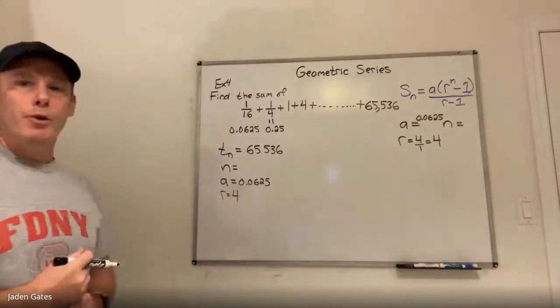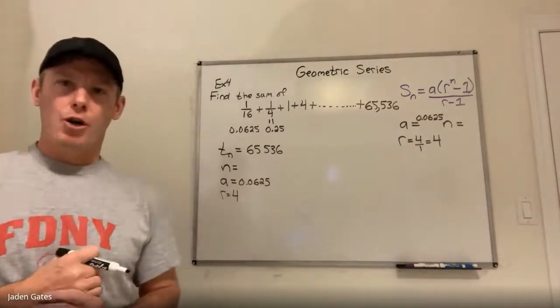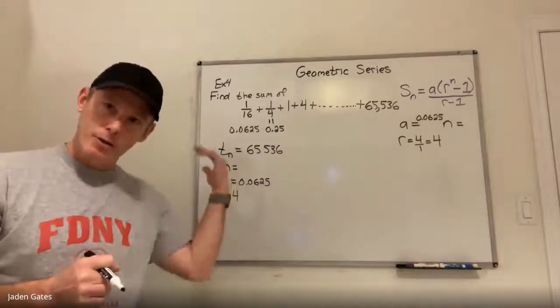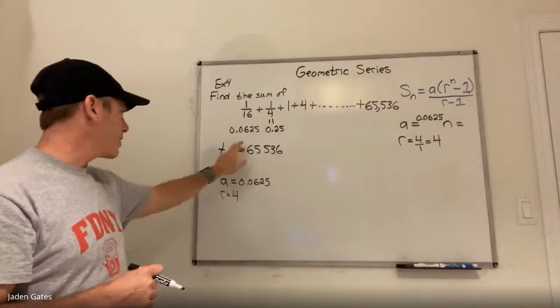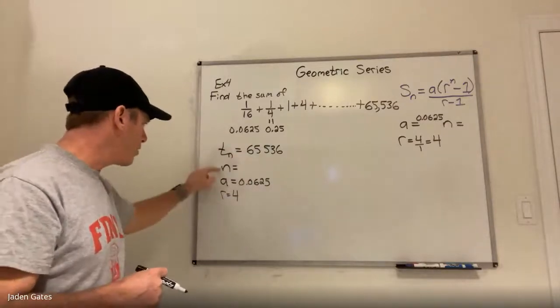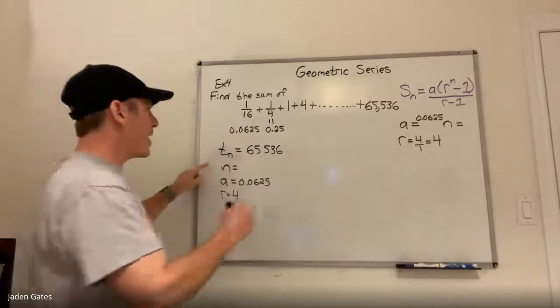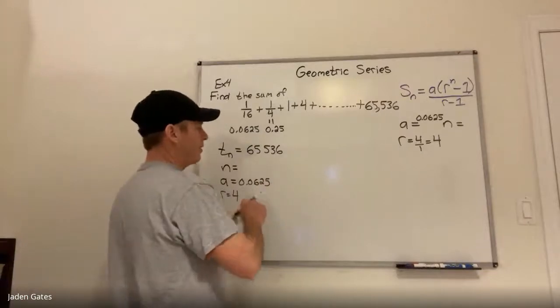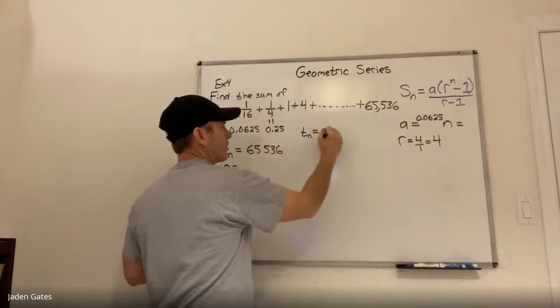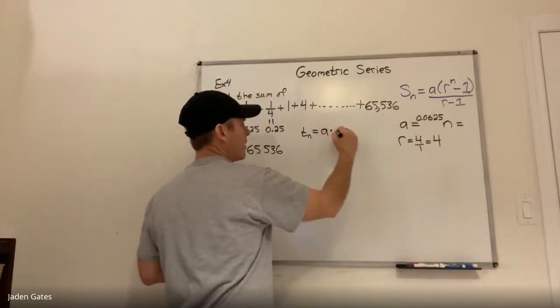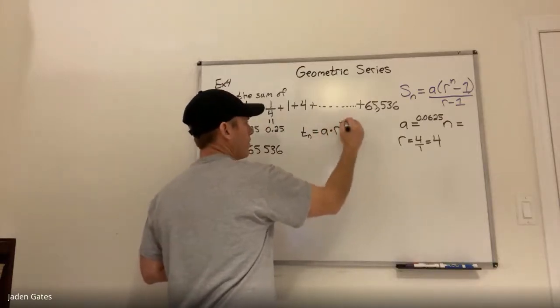So here's what I'm going to do. I'm going to use the general term formula that we had earlier today to find my n, because I know the term, I know the A, I know the R. The general term formula for a geometric sequence is Tn equals A times R to the power of n minus 1.